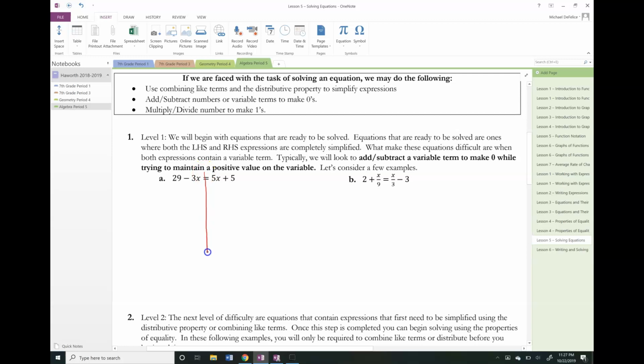So, for example, the expression on the left-hand side, there's no like terms to combine, and there's no parentheses, which would imply distribution, and the same thing for the other expression. So I'm ready to solve this. Now the easiest equation to solve is when you have x equals a number, right?